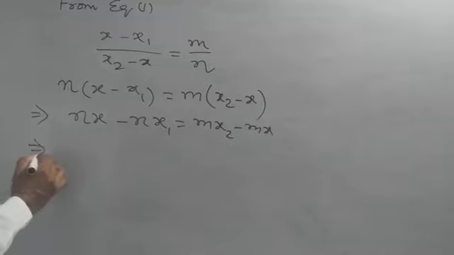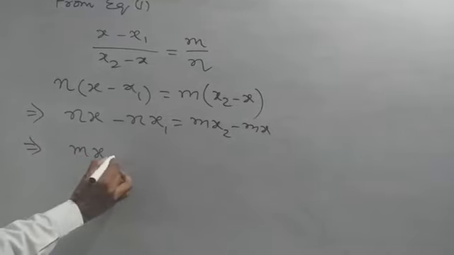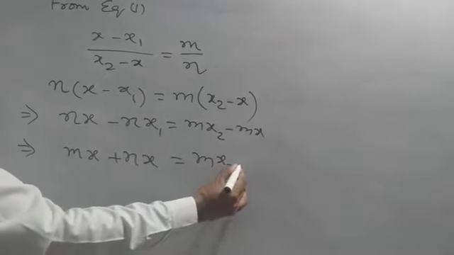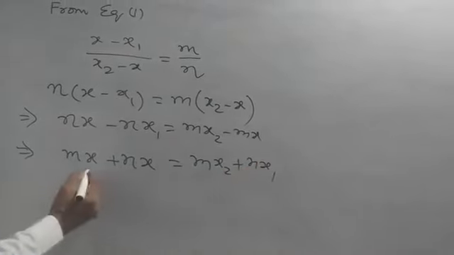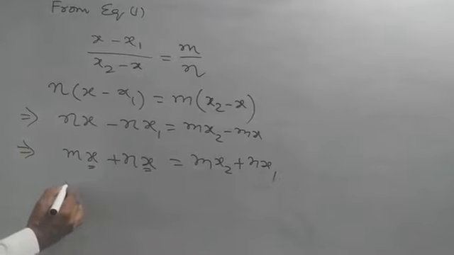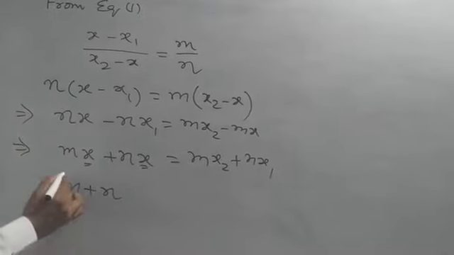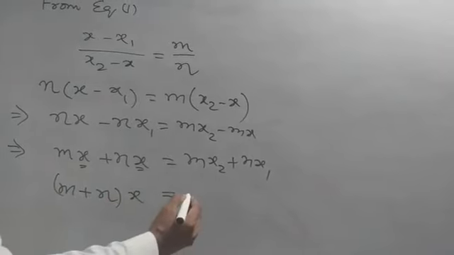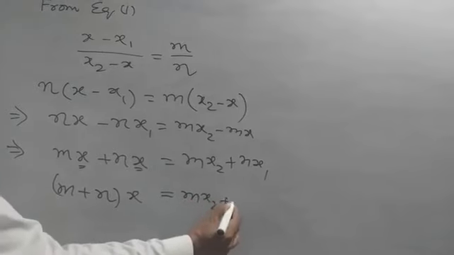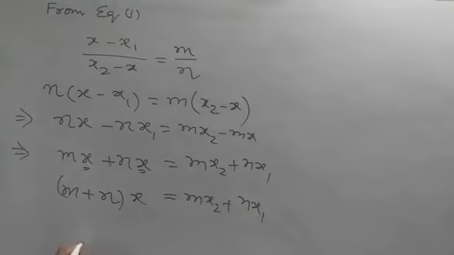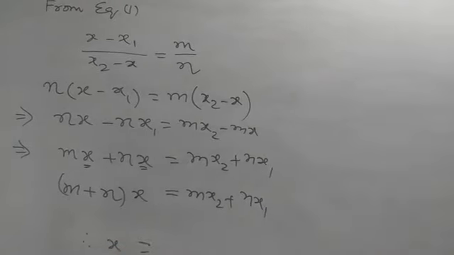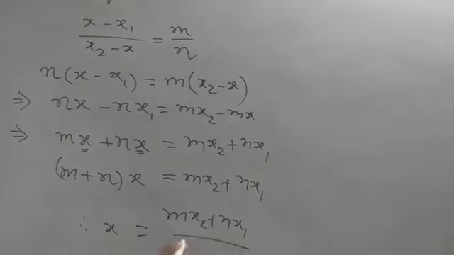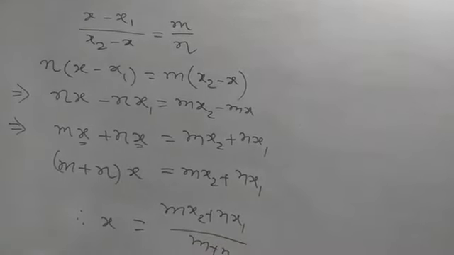Take x terms to one side, then we can write mx plus nx equal to mx2 plus nx1. If we take x common in these two terms, we can simplify it as (m plus n) times x is equal to mx2 plus nx1. Therefore, x equal to (mx2 plus nx1) by (m plus n).